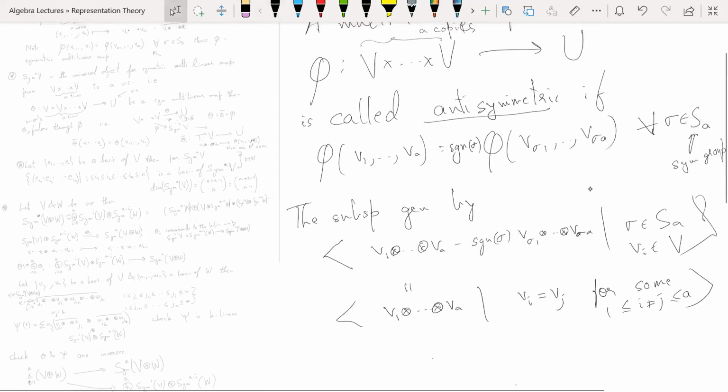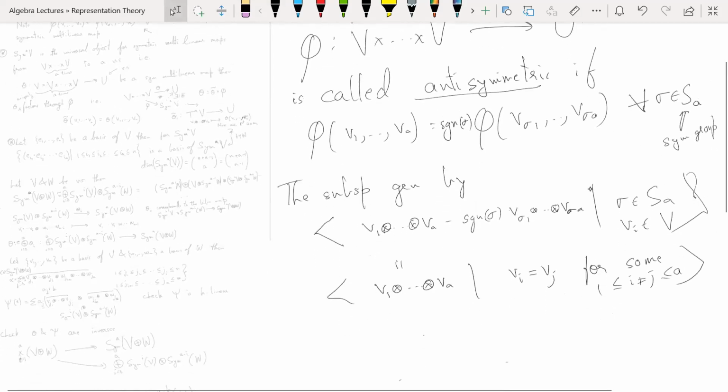This is true, but somehow I'm not able to tell you why. If we have V1 to Vi and then the j-th is also Vi, then if you apply that sigma ij, with sigma equal to ij, you get the upper thing times sign.